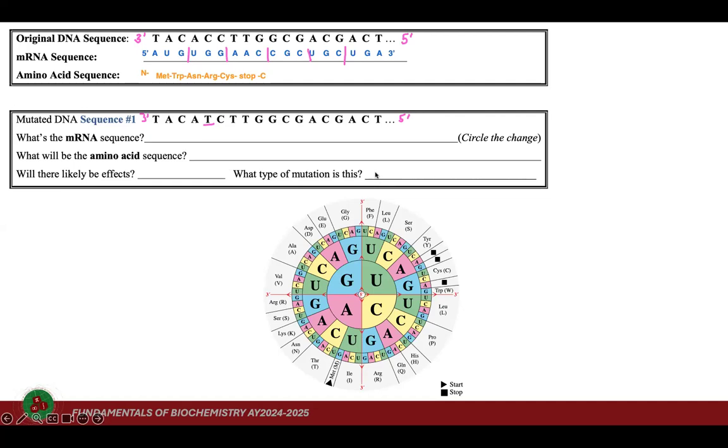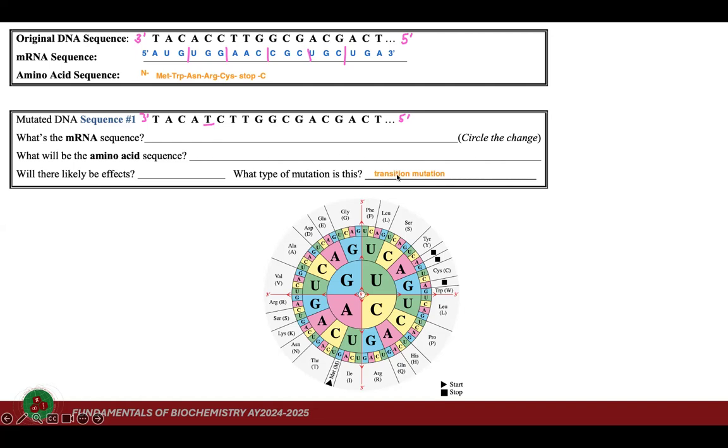From a C in the original DNA sequence, it became a T. Is this a transition or transversion? This is a transition mutation, because you have a pyrimidine to pyrimidine transformation, from a C to a T. So that's our answer. This is a transition mutation.